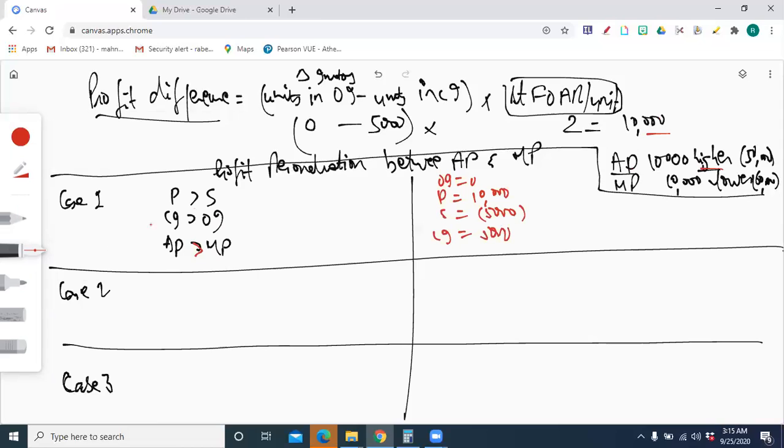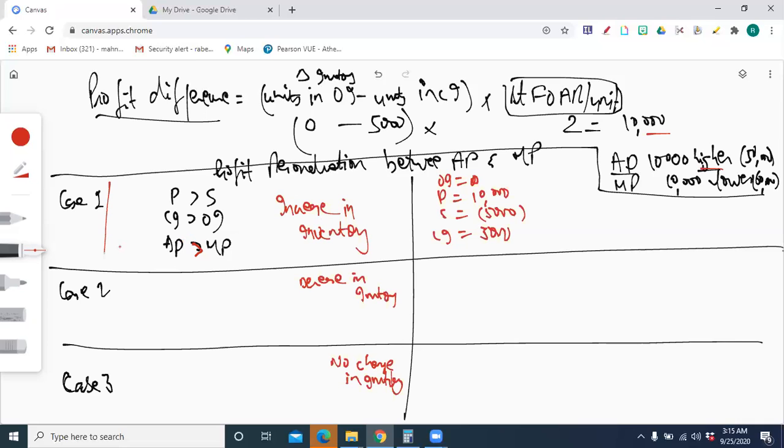Absorption profit reports a higher profit in this case, and this is a case of increase in inventory. Inventory increased from 0 to 5,000. That's the increase in inventory. Then there is the case of decrease in inventory, and the case of no change in inventory, that's the third case.